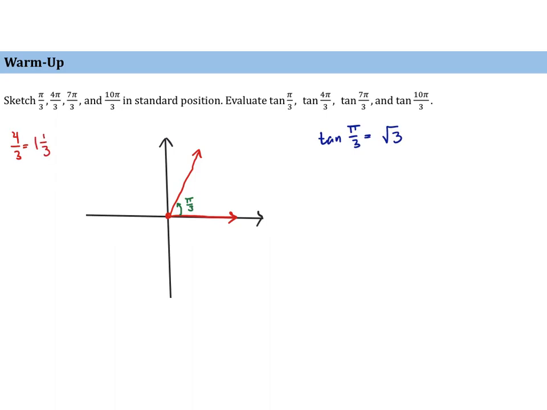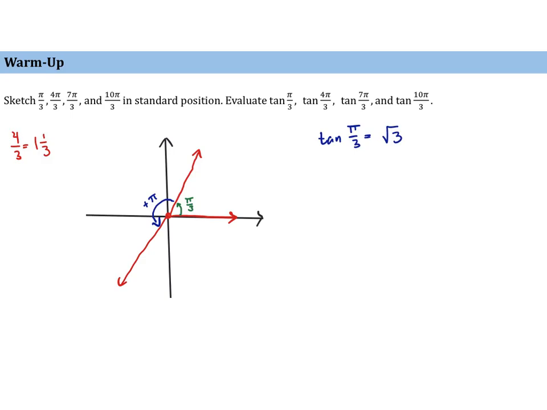So we have an additional just 1 pi. So if I add 1 pi onto pi over 3, I get 4 pi over 3.